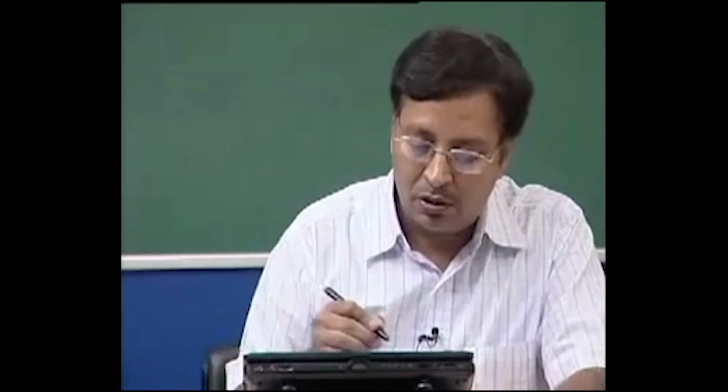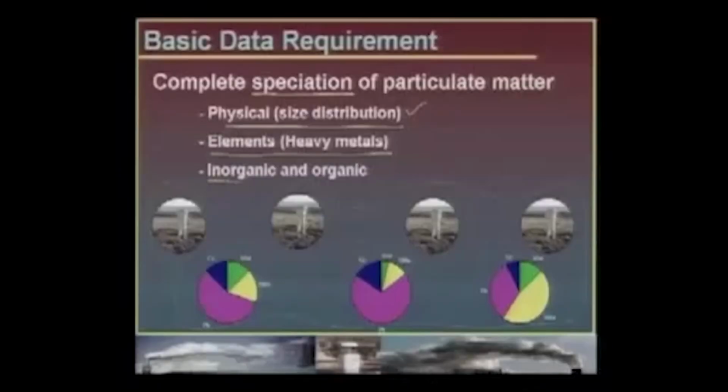But this information is required, and also other inorganic information of the speciation. For example, what are the nitrate contents, what are the sulfate contents, okay, in addition to the elements like heavy metals and all, but you also need to have the information on the inorganics like sulfate, nitrate. That will be very helpful. And even the organic components, whether the aromatic hydrocarbons are there, and within the aromatic hydrocarbons, what are the different species of the hydrocarbon that is present in the atmosphere, in the particle.